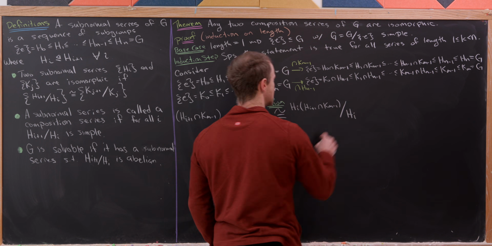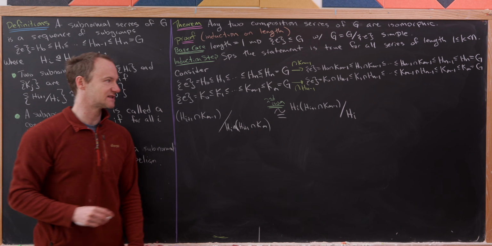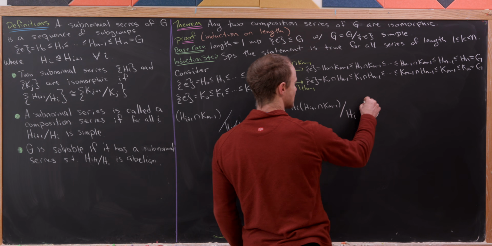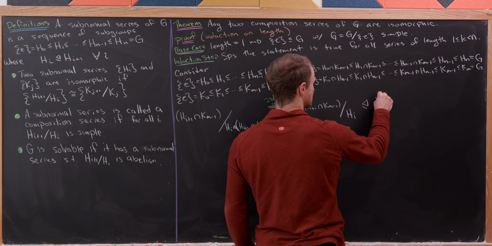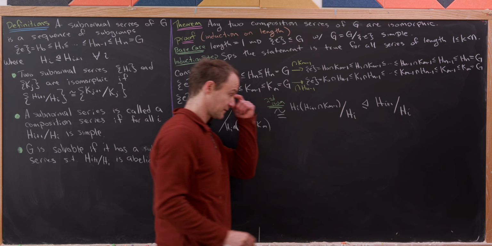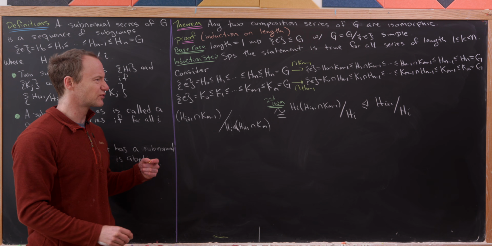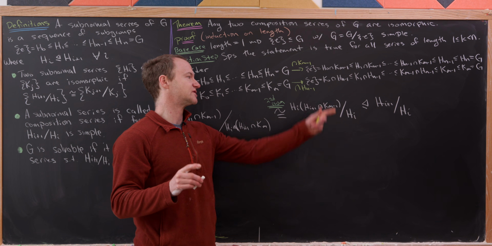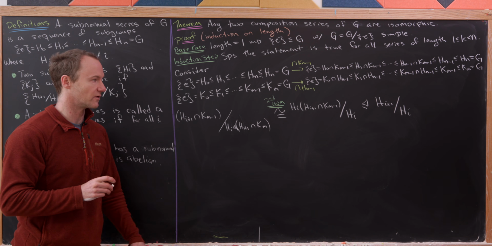So that's what the isomorphism gives us in this second isomorphism theorem. But now let's observe that this right here is a normal subgroup of H_{i+1} mod H_i. So I think that's pretty clear because the so-called numerator here is normal in the numerator over there.